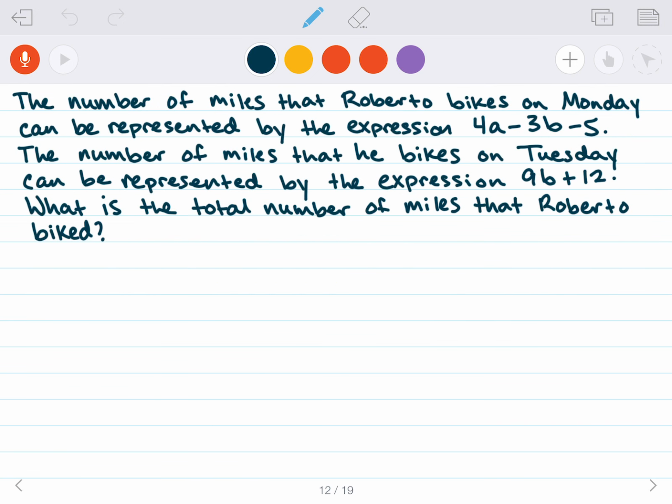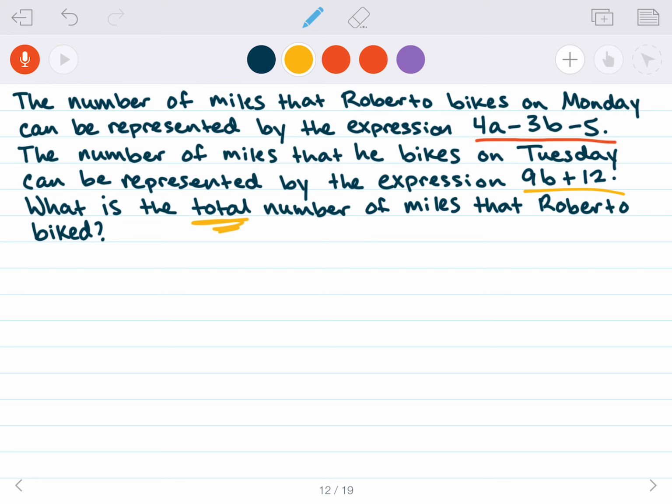Okay, let's do a word problem. The number of miles that Roberto bikes on Monday can be represented by the expression 4a minus 3b minus 5. The number of miles that he bikes on Tuesday can be represented by 9b plus 12. What is the total number of miles that Roberto biked?